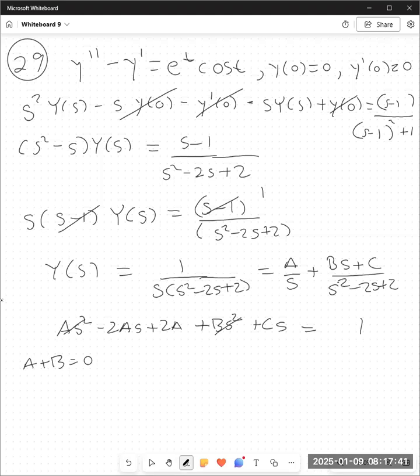My s terms are -2A + C = 0. My constants are 2A = 1, so A = 1/2. If A is 1/2, B is -1/2. And if A is 1/2, then -1 + C = 0 and C = 1.